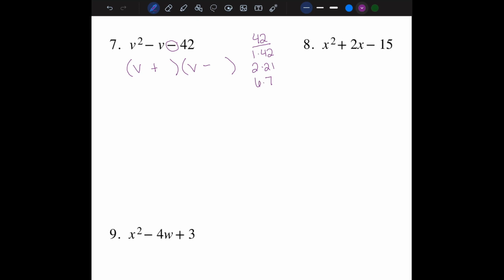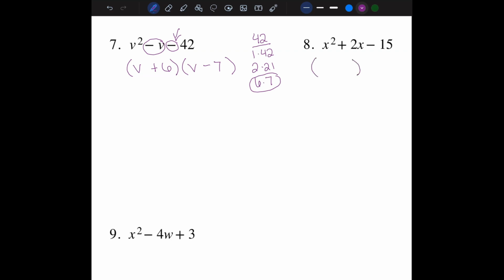I need the one that will subtract to make a negative 1. Well, the only thing that subtracts to make 1 is this. And if I want a negative 1, then I need 6 to be positive and 7 to be negative, because 6 and negative 7 will make negative 1.